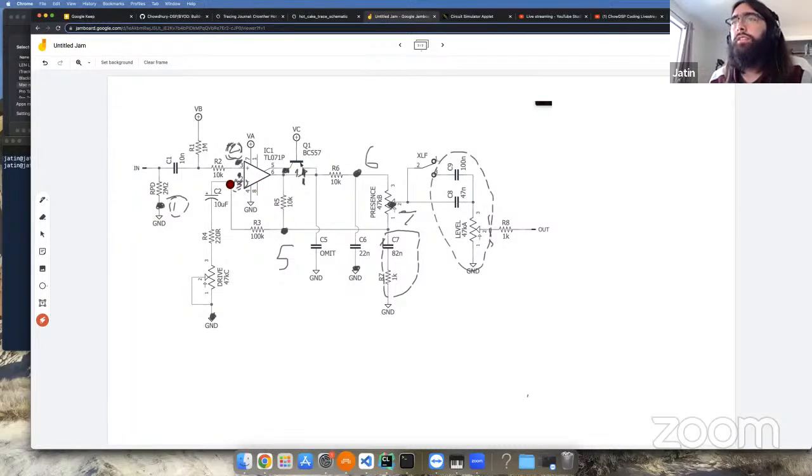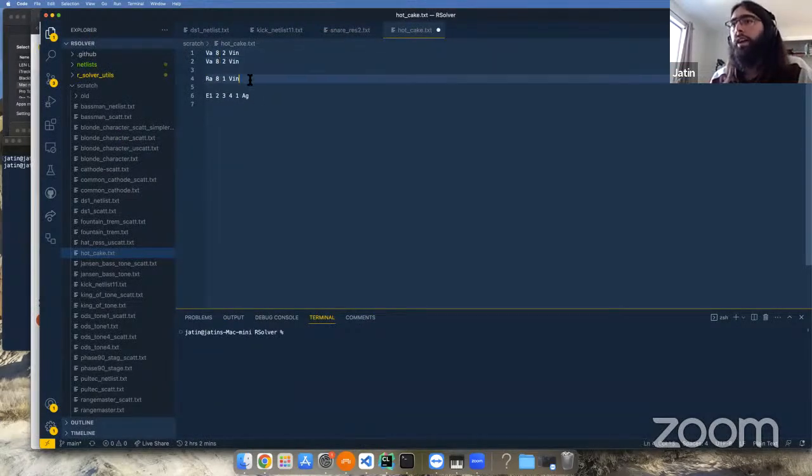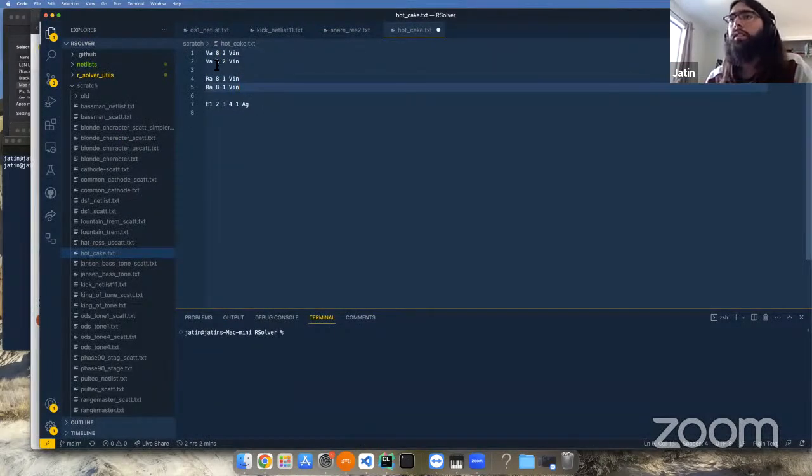Next, let's do this network here from 3 to 1. So this stretch of components here. For that, we can do the exact same thing. We're just going to need to add 1 to the internal node number. So this would be 9.